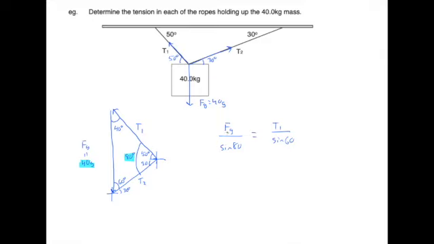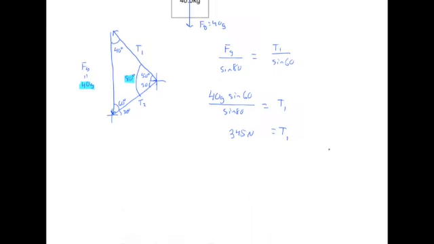I can move the sine of 60 over, so F_g is 40g, so 40 times my value of g, times sine of 60, all divided by sine of 80. All of that together is going to equal T1. If we run that through our calculator, I will end up with a T1 of 345 newtons.